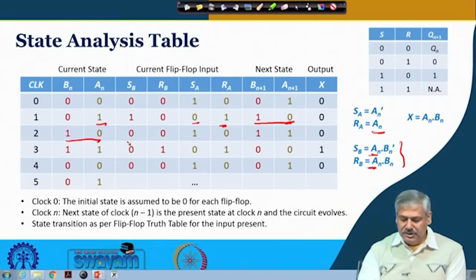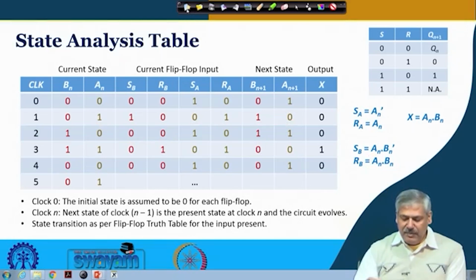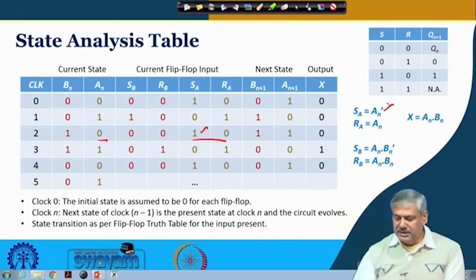So, it is 0 0, and 0 0 means the previous value will be retained. So, this is at 1. And what is happening to SA RA? N was 0, so SA becomes 1 because it is inverted and RA is 0. So, 1 0 means it becomes 1.